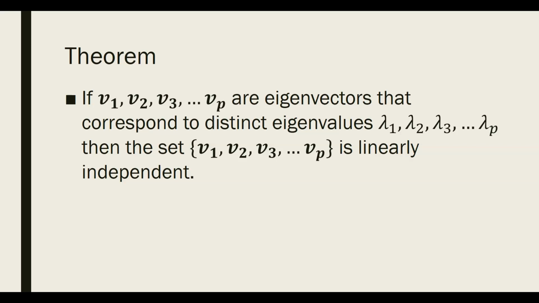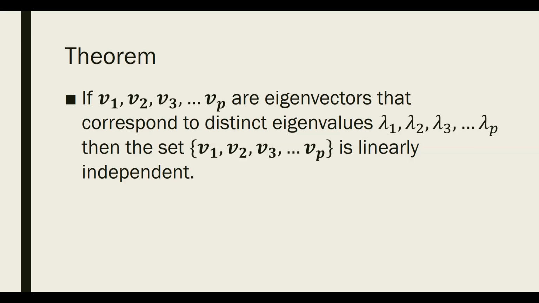Now, like I said, in our case, because there were three of them, those three vectors formed a basis. But in general, you don't always get three eigenvectors corresponding to three different eigenvalues. So all we can say right now is that if you have a few vectors, and each of them has a different eigenvalue, then the set of those vectors will be linearly independent.